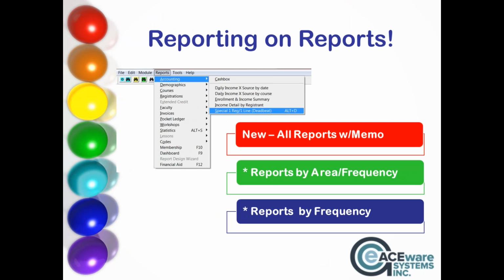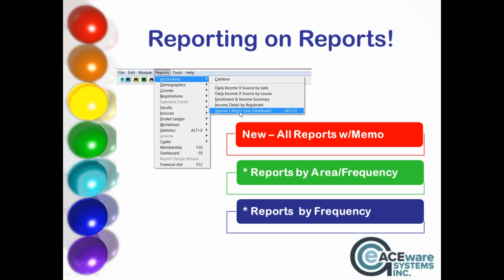Okay, well, let's talk about inventorying or reporting on reports. It's kind of navel-gazing or contemplation here. Again, it's important to know exactly what you've got in the system for reports. Most of the data sets, I think, will have these reports in that are called all reports with memo, reports by area frequency, and reports by frequency.